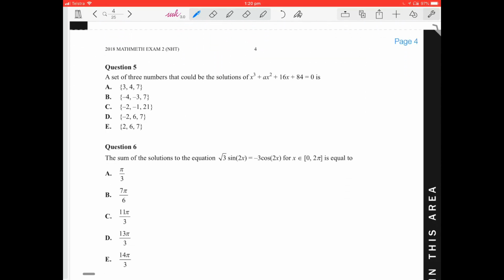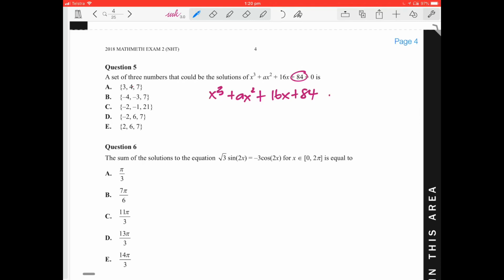Okay, set of 3 numbers. Could be solutions to that. Okay, x cubed plus ax squared plus 16x plus 84. Okay, so the 3 numbers have to multiply to give 84.